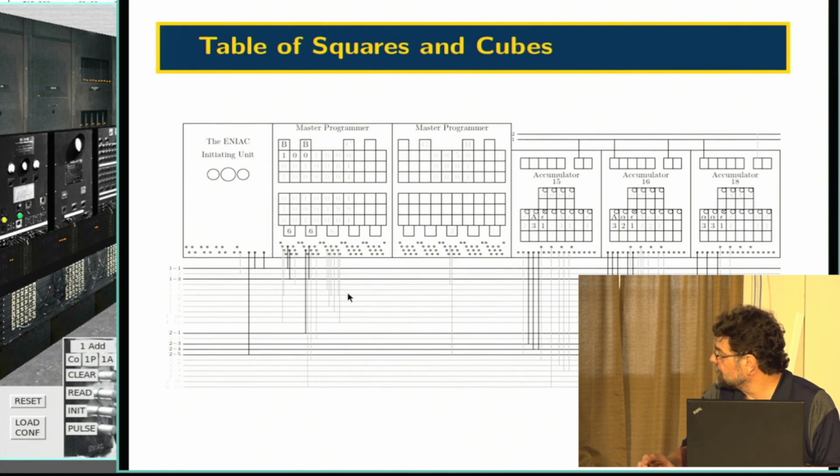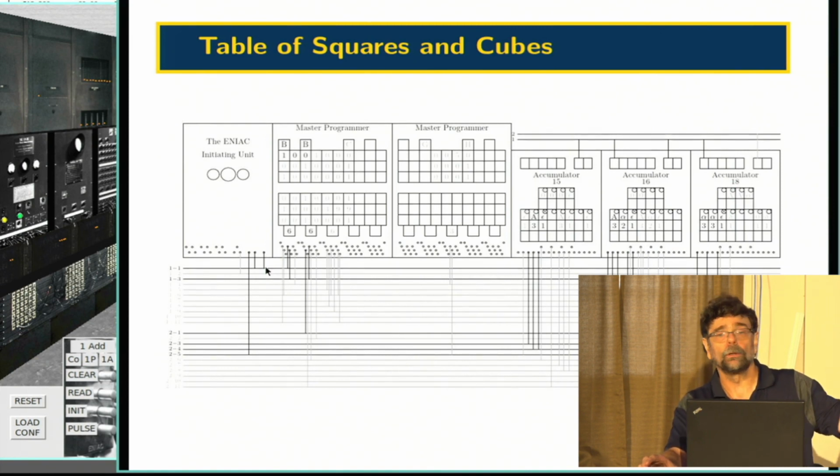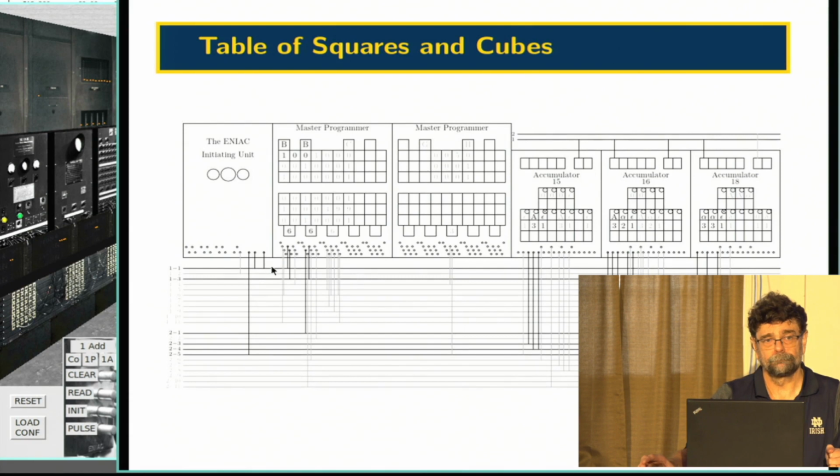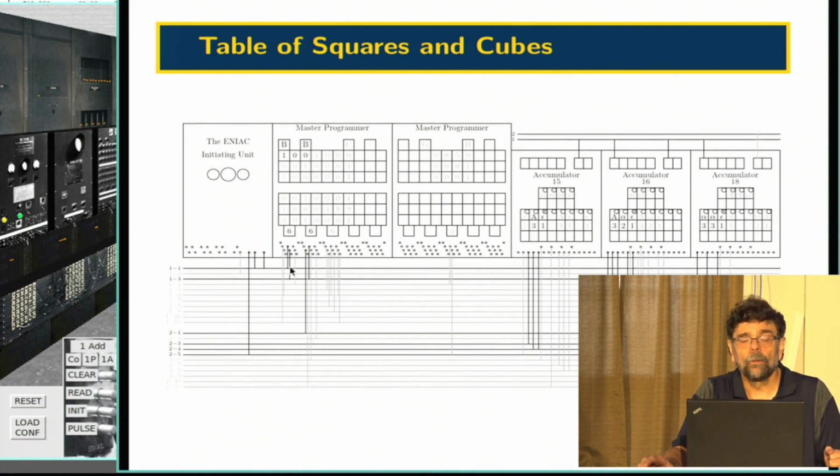Before I zoom in, let me just say a little bit about what's going on over here with the master programmer and the initiating unit. We've got this first line 1, 1. You remember that line was what labeled the loop in our algorithm. Well, that's feeding into the first of those stage counters, and it's generating a pulse coming out of that on line 1, 3.